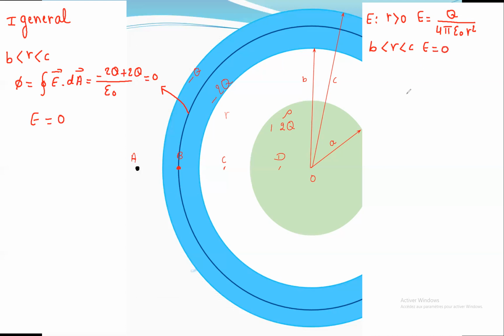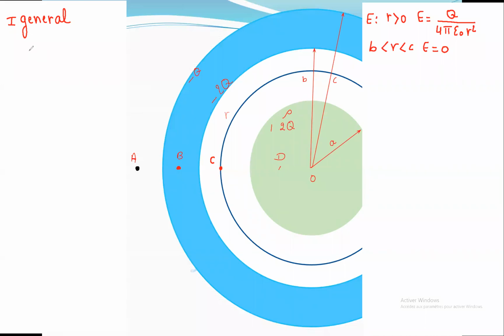Okay. Now let's take the field at point C. For R at the point C, I mean the distance is between A and B. Here you have the distance between A and B in this region.